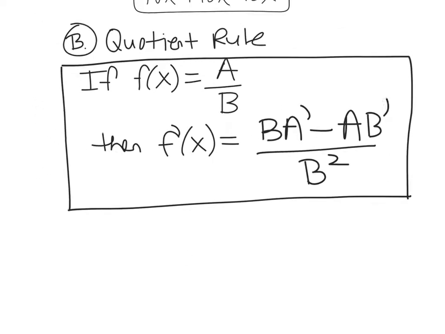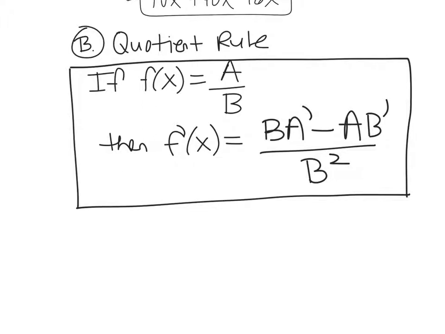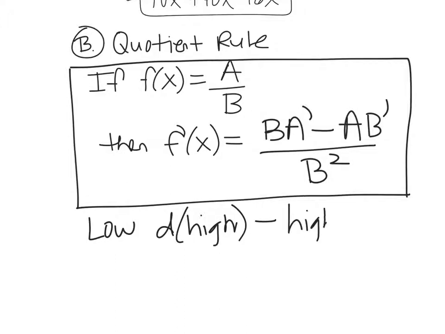My dad taught it to me like this. He always said low d high, like derivative of the top, low d high minus high d low. Low is b, the high is a.